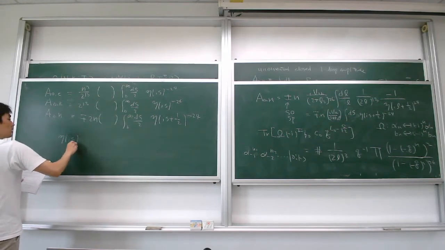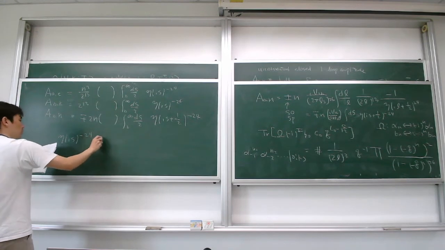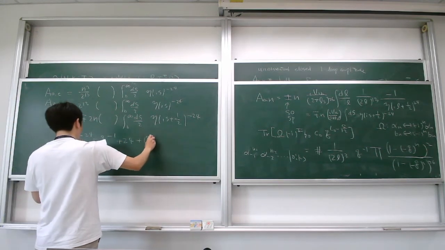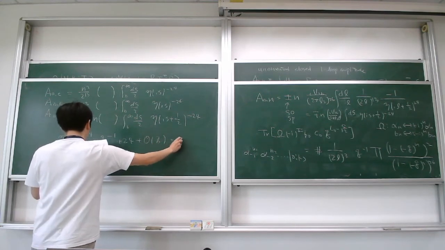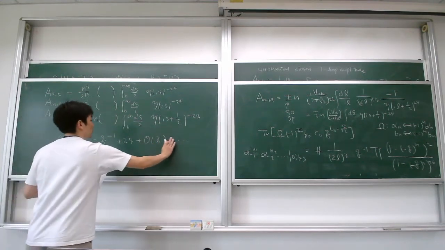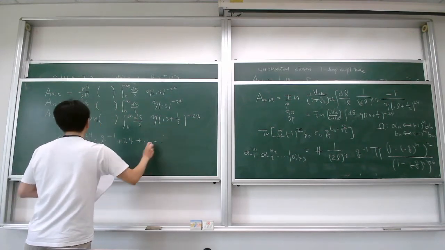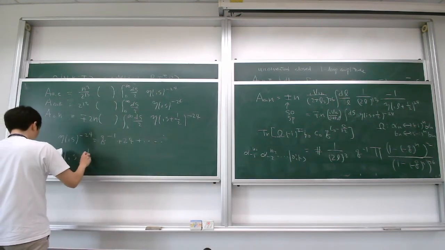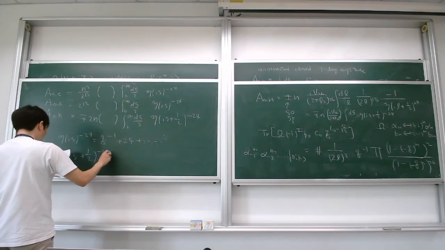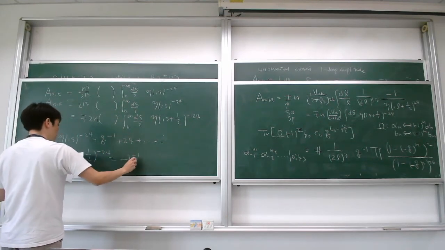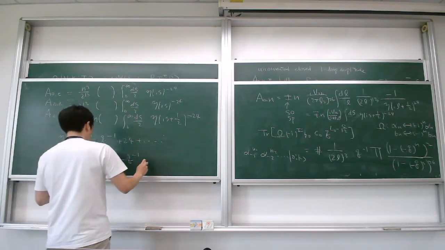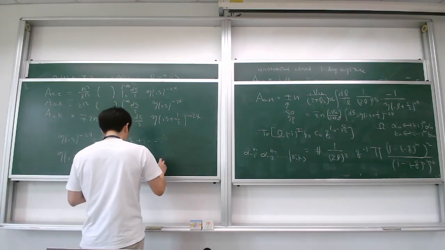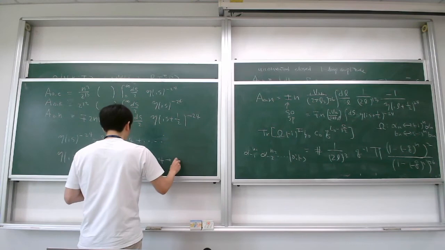Eta to the minus 24 is q to the minus 1 plus 24 plus O(q) plus dots. And eta to the plus 1/2 minus 24 is minus q to the 1/2, q to the minus 1 plus 24 plus dots.